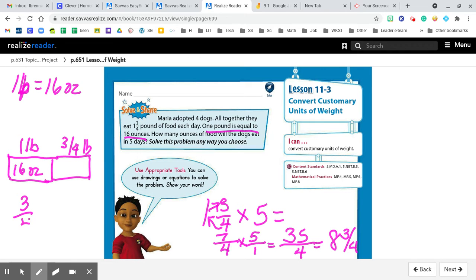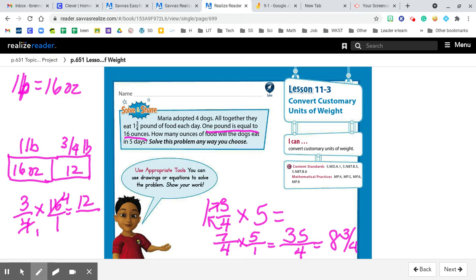You can figure that out by saying 3/4 of 16, if you want to do it that way, is 12.